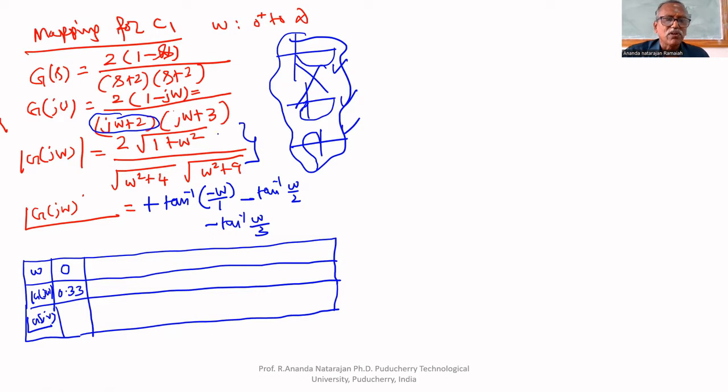What is the angle? If you substitute omega equal to 0, the angle is 0.